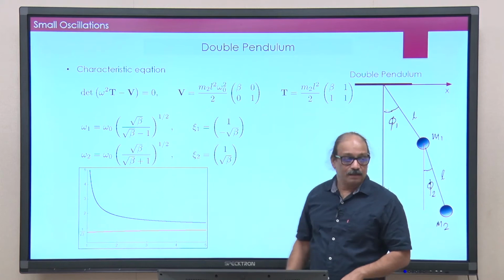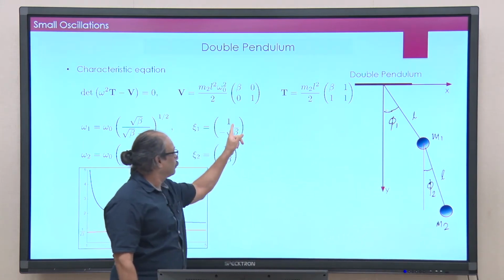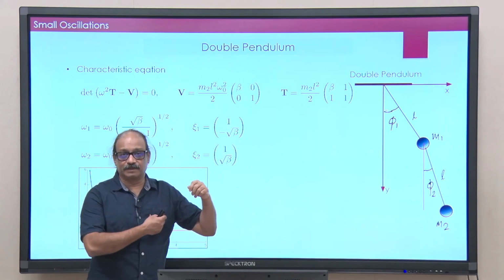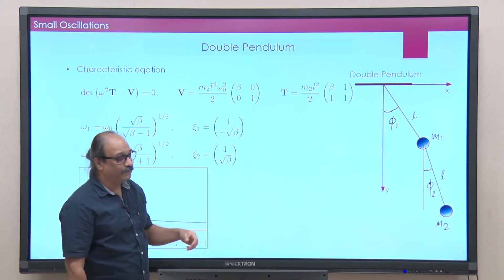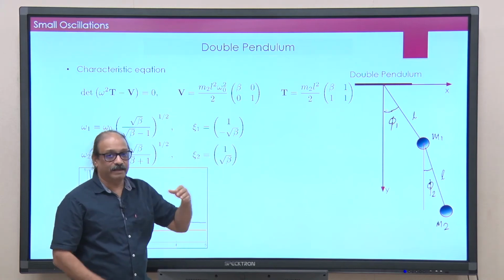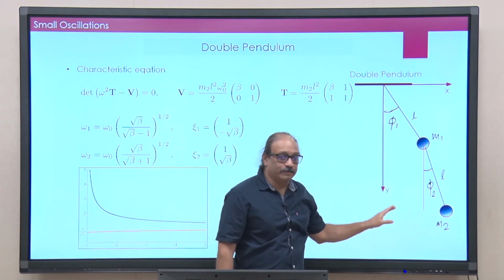If the m1 bob is travelling towards right, the m2 bob would be travelling in the opposite direction, or will have an amplitude in the opposite direction. So, that minus sign tells you if phi 1 is positive, phi 2 will be negative.